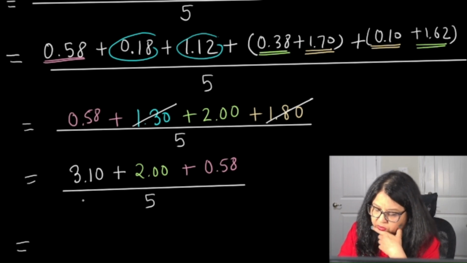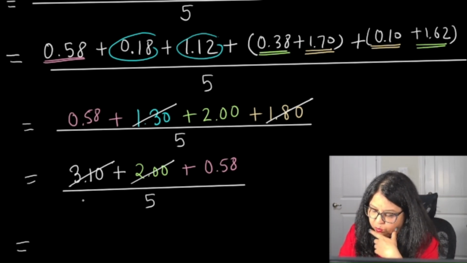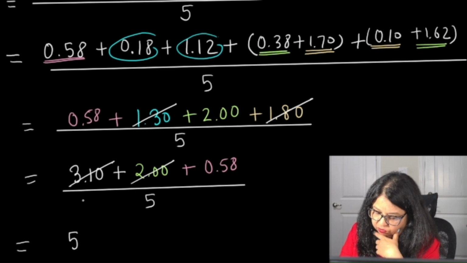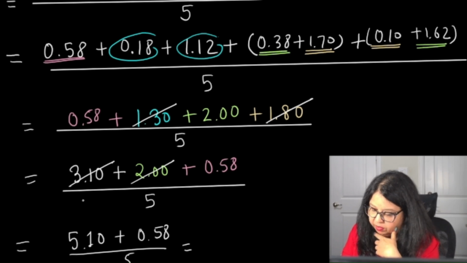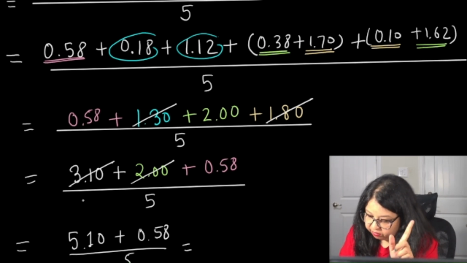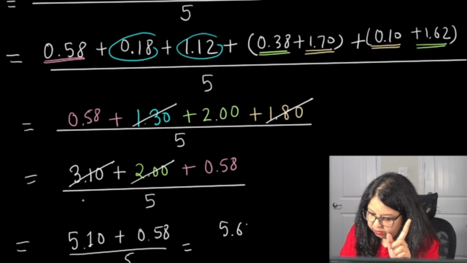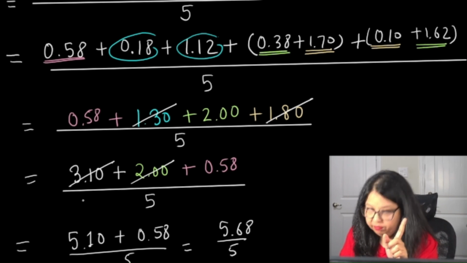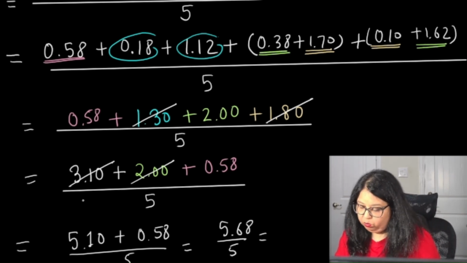So 3.10 plus 2.00 is 5.10, plus 0.58, divided by 5. Now it's easy: 5.68 divided by 5.